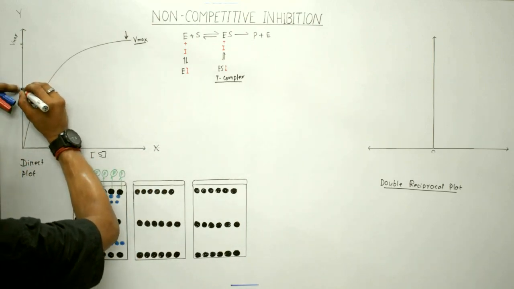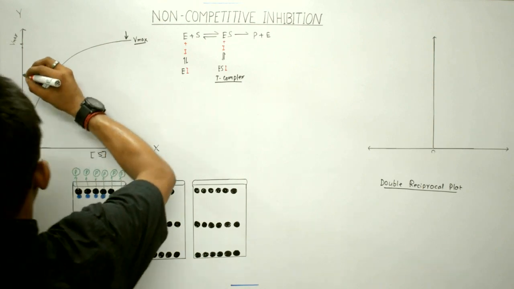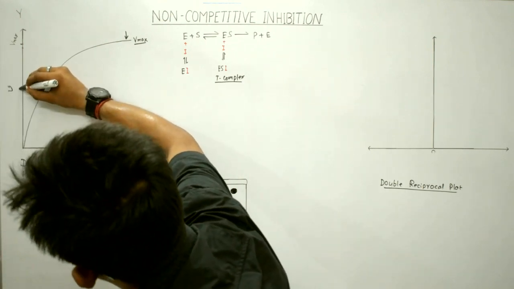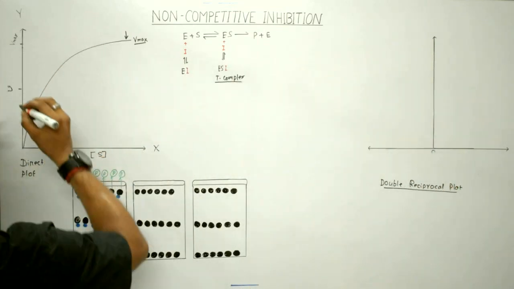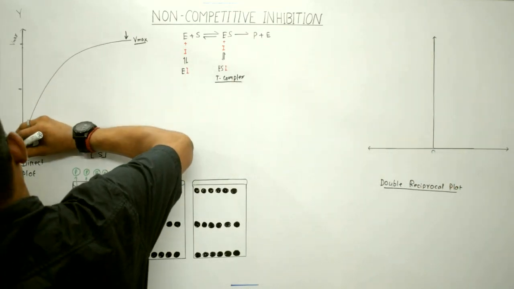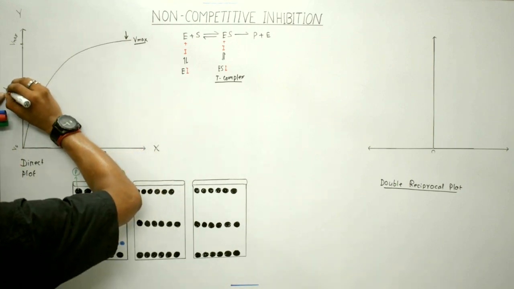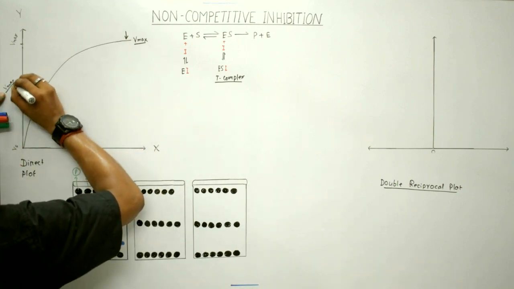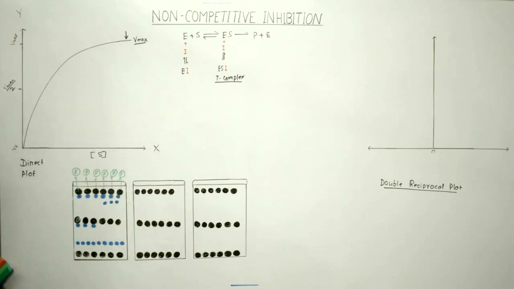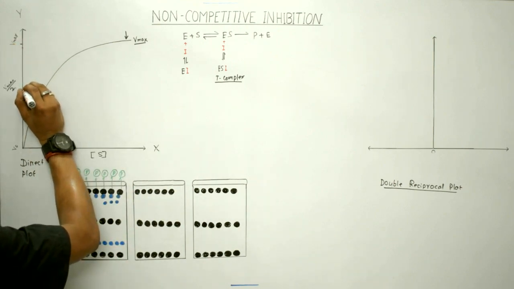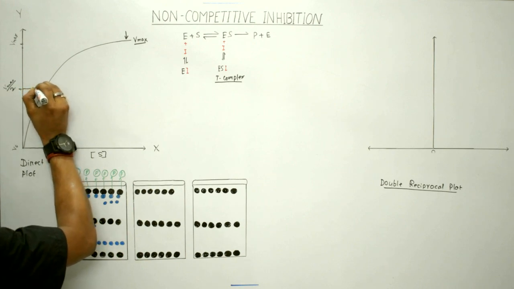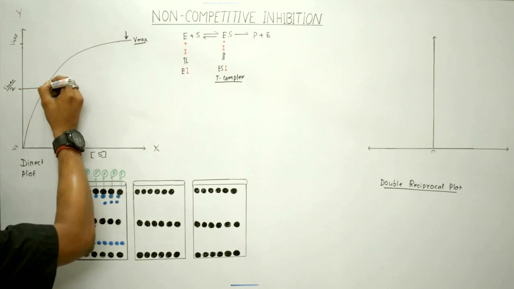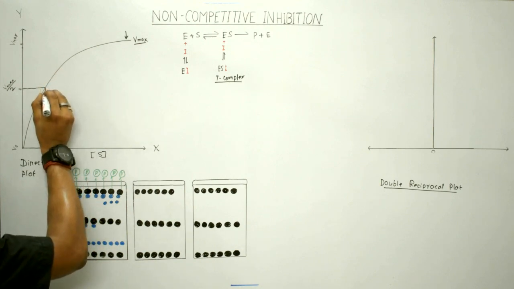If you assume that this particular line is half of the maximum velocity, then this is the initial velocity, and this will be Vmax by 2. Okay, so this is the half of the reaction, and if we draw a horizontal line with this graph, from where it meets the curve we can draw a vertical line.